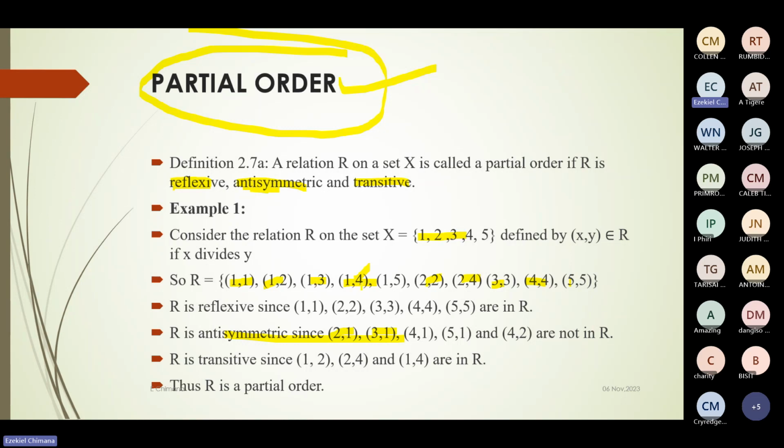Yeah, so this one is still fine. What else? We have a (1,5). Do we have a (5, something)? For transitive, we've got (1,2), (2,4), and (1,4) are in R. You can actually go on to prove that. Once you are able to prove that, you can say this one is a partial order.